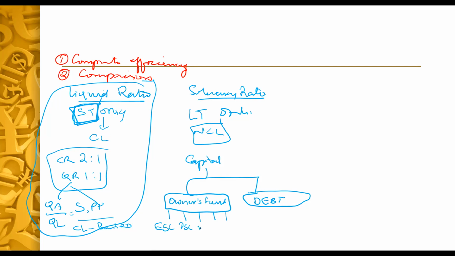Are debentures owners fund? Reserves. Then, what is that? Profit and loss account. And last one, proposed dividend. All these items are owners fund or shareholders fund.